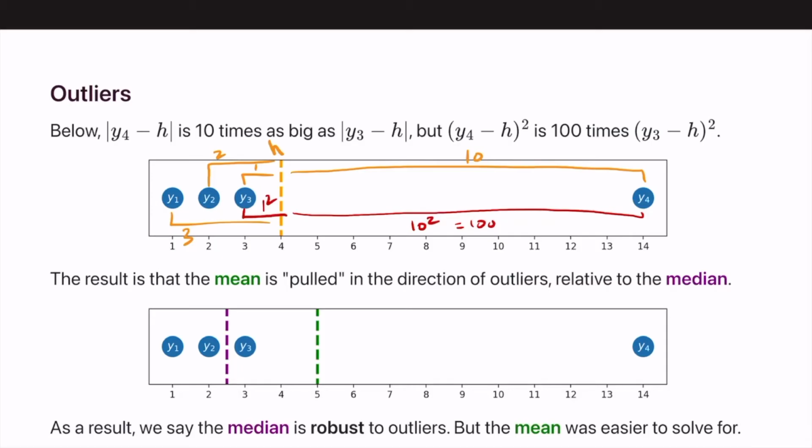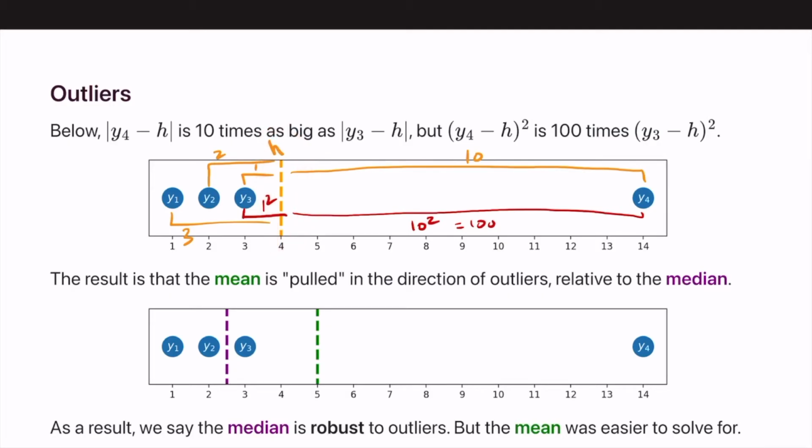Well, what we're saying here is for our two loss functions, absolute error and squared error, for absolute error, the magnitude of the difference is 10 from this data point to our H of 4.